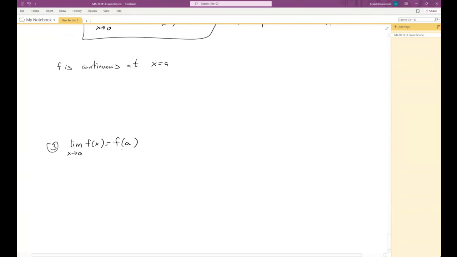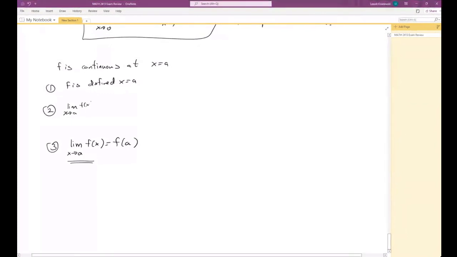So the function must exist at a. For me to even write that, the function has to be defined at a. Number two, for me to say the left-hand side of the statement, the limit has to exist. So we know how to check limits.